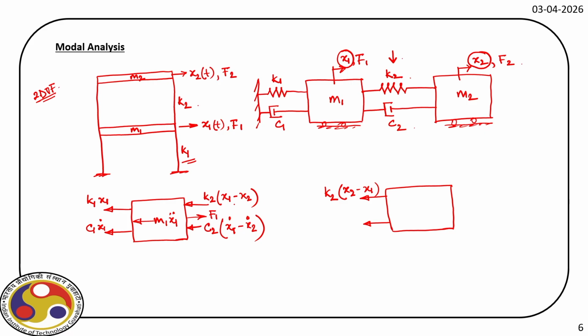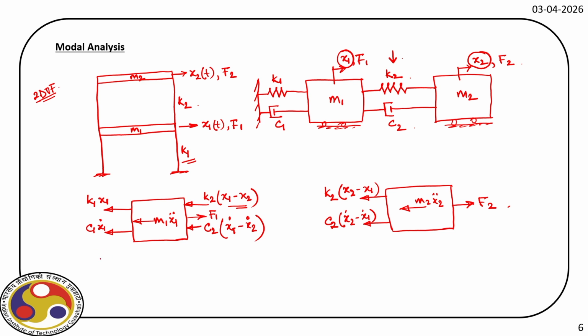So it is the reverse of this deformation. Similarly, damping force is (x2 dot minus x1 dot). And the inertia force here, m2 x2 double dot. And then if there is a forcing function, F2 is acting.